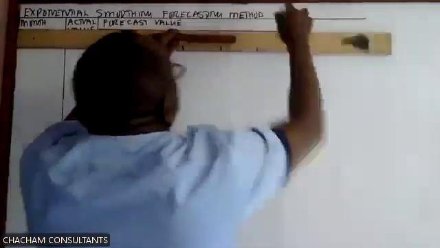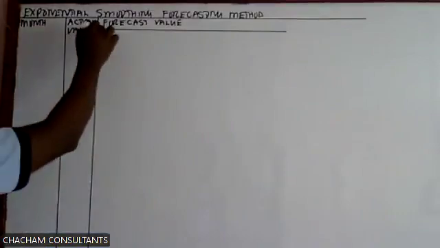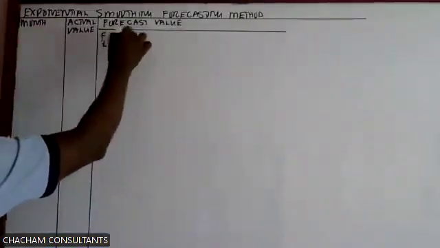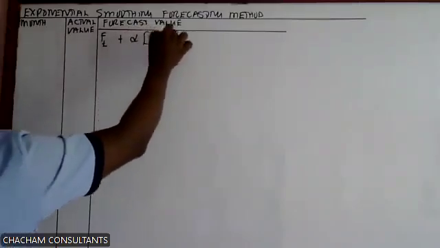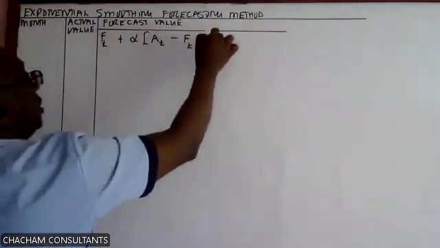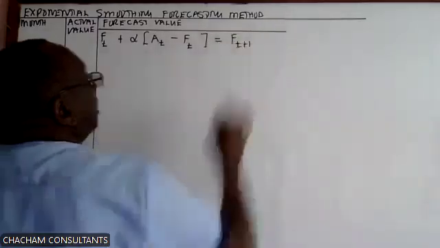The formula that we shall use will be FT plus alpha times (AT minus FT), and that will give us FT plus 1.